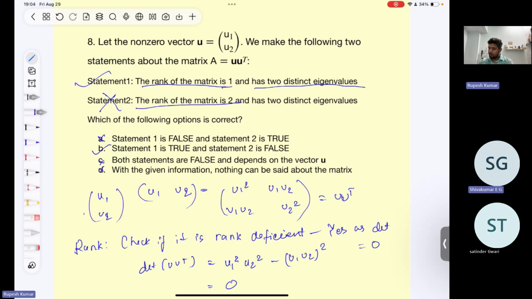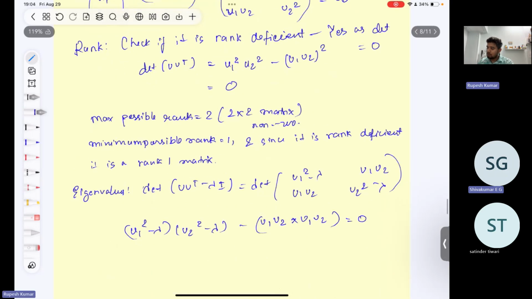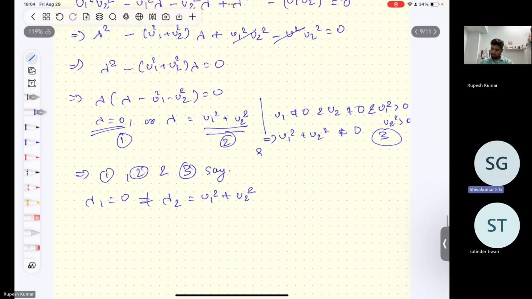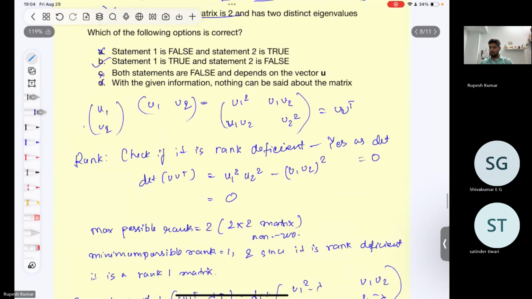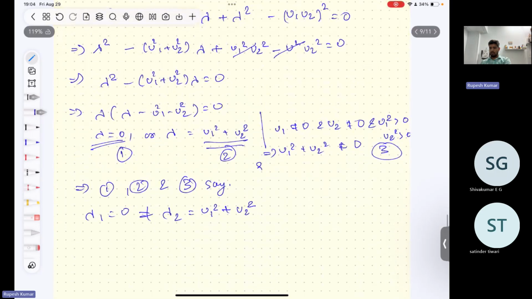Let's not take v; everything is u. So in other words, the final v1 squared plus v2 squared will be u1 squared plus u2 squared.